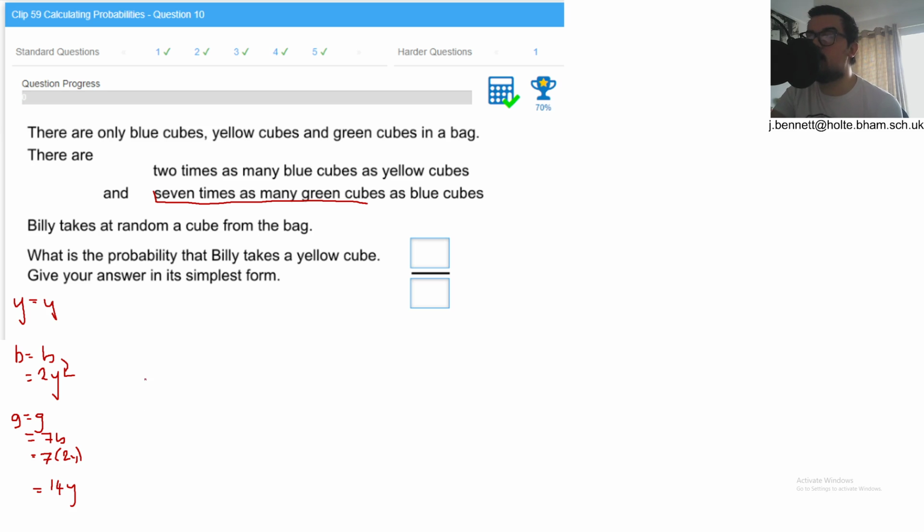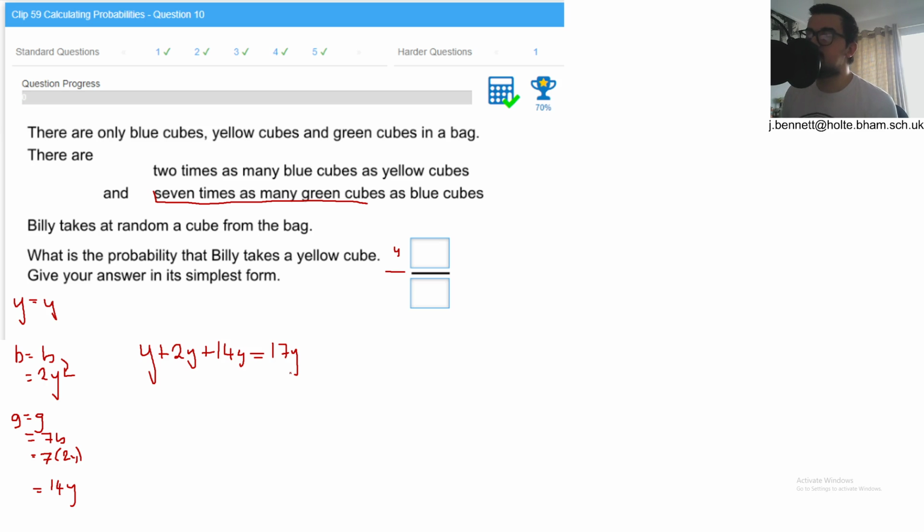Now we add them all up, because we're looking for the total number. So y plus 2y plus 14y gives us 17y. The total number of cubes is 17 times the number of yellow cubes.